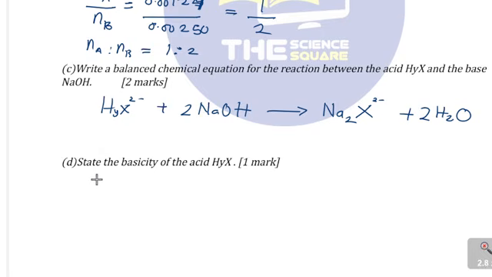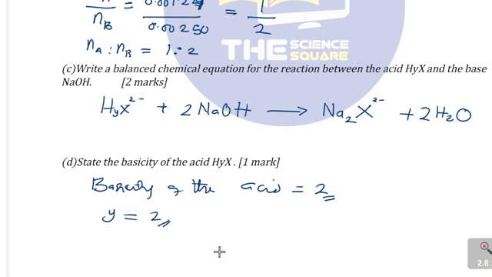So the basicity of the acid is equal to 2, meaning that Y is actually equal to 2. So the acid is H2X. H2X plus sodium hydroxide is what produces this.